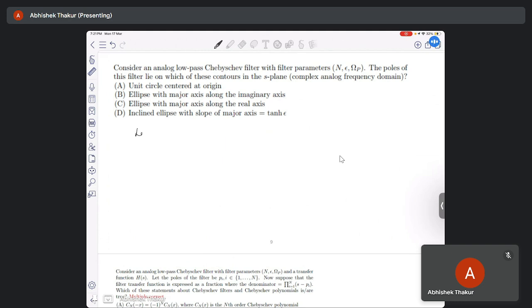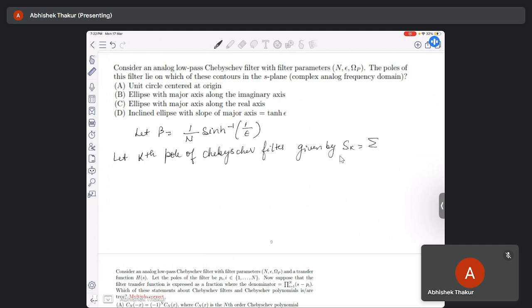in this question, let beta be equal to 1 by n sinh inverse of 1 by epsilon, and let the kth pole of the Chebyshev filter be given by Sk equal to sigma k plus j omega k, where, like what we have studied in the lecture also, (sigma k by omega p sinh beta) squared plus (omega k by omega p cosh beta) squared is equal to 1.